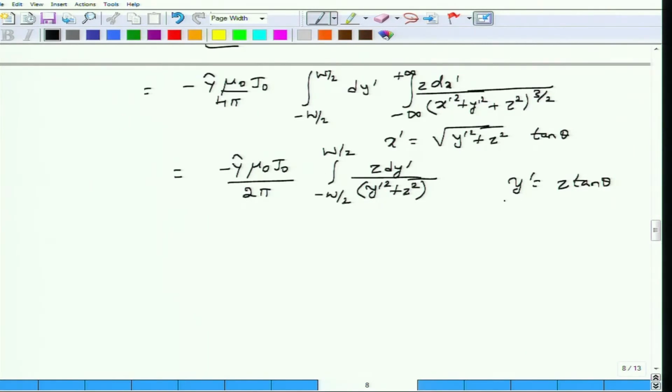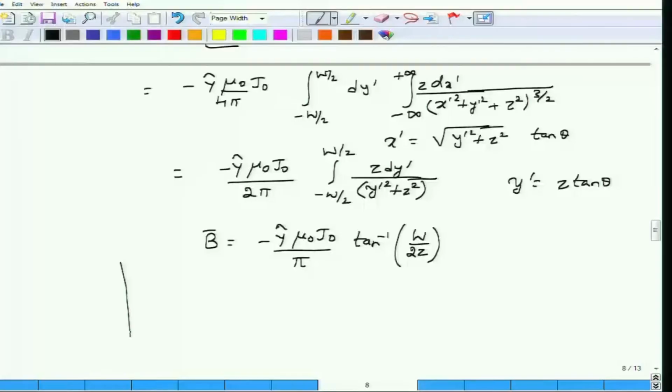So appropriately you change the integrals, and you will see that the B field can be written as minus y hat mu 0 j 0 divided by pi tan inverse of w by 2z. So you have seen that the magnetic field B, because of the infinite current density along the x direction, is actually directed along minus y direction, right.